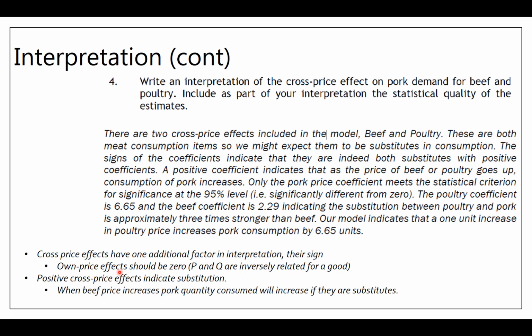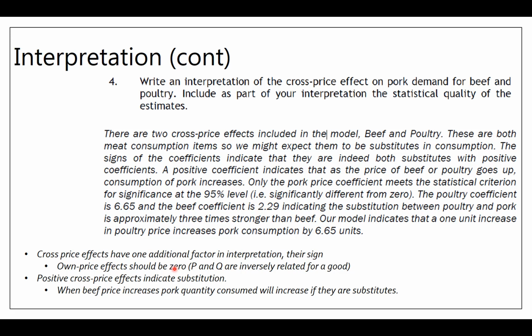It says own price effect should be 0, but it should be less than 0. P and Q are inversely related. So this should be negative; I think I meant to type less than 0. So be sure you understand that. Own price effect should be negative, but cross price effects can be positive or negative.